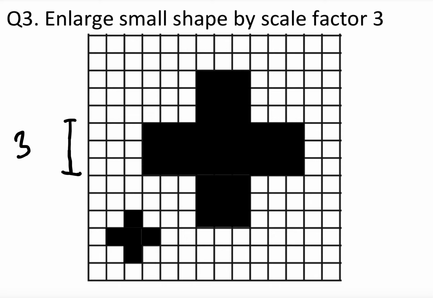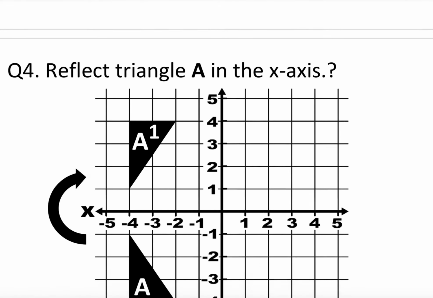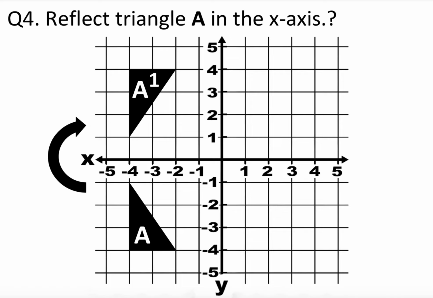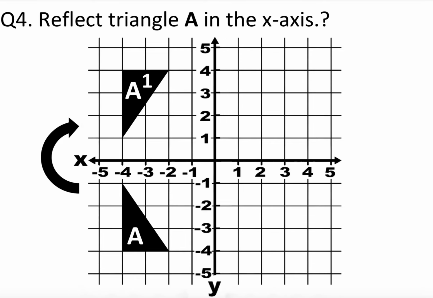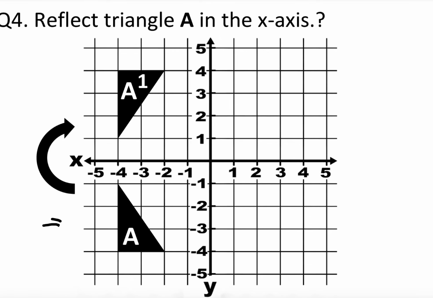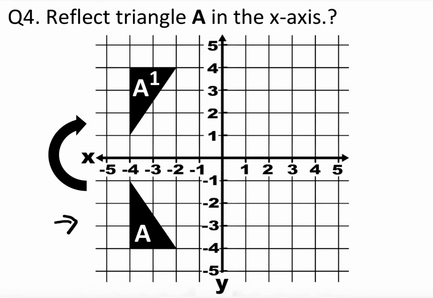Okay, let's move on to the next question. Question 4: reflect triangle A in the axis. If we look at the bottom, we can see we've got triangle A. When we want to reflect something in the axis, it's just like looking in a mirror.